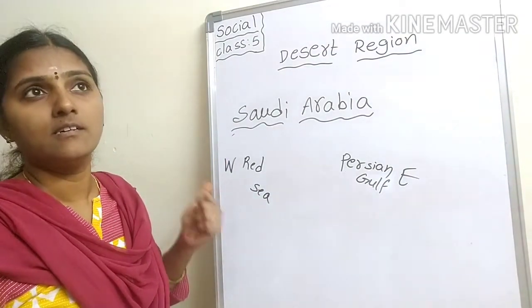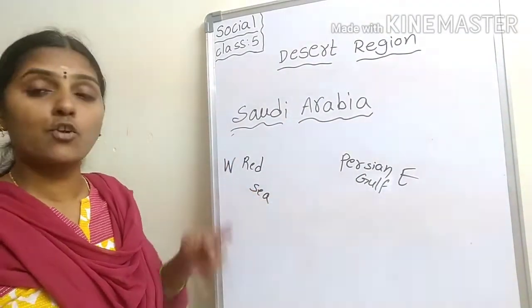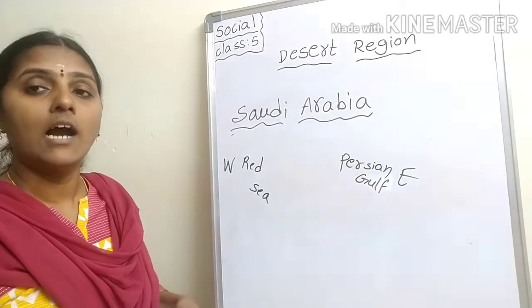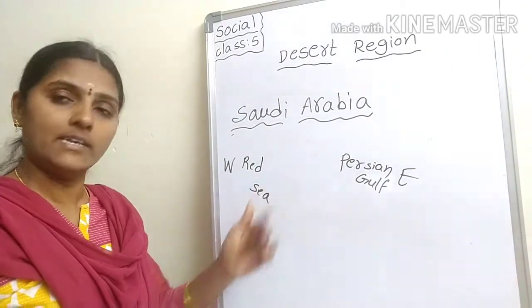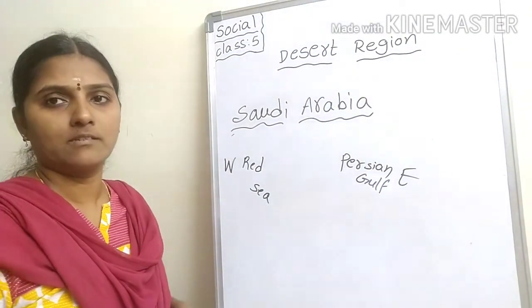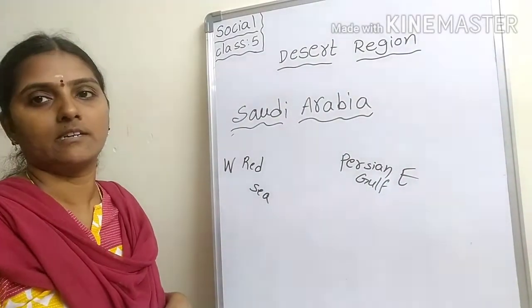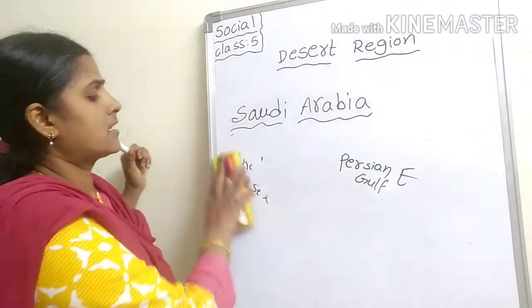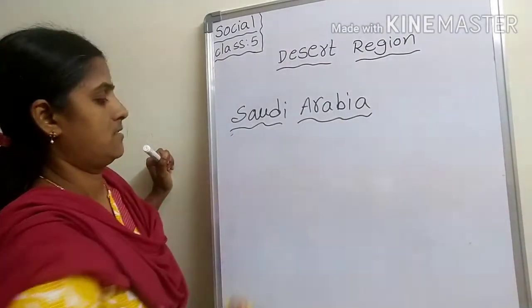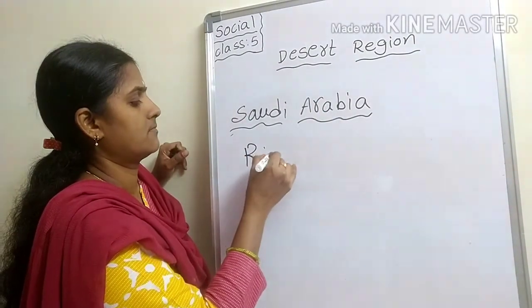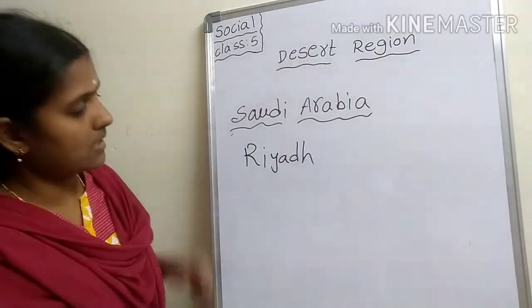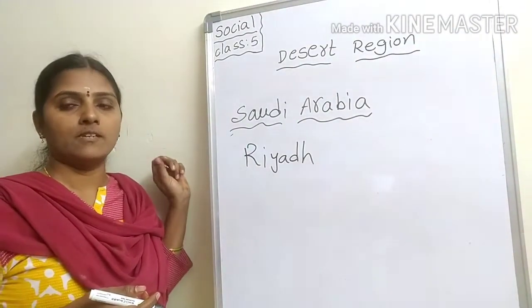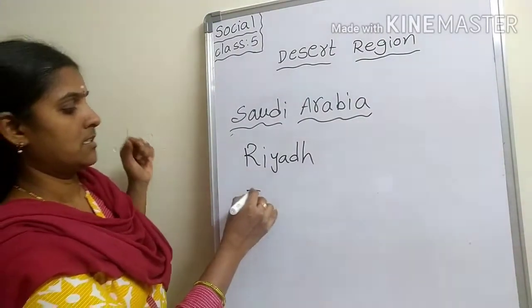Saudi Arabia is a rocky plateau covered by desert. Sandstorms are common in this region.